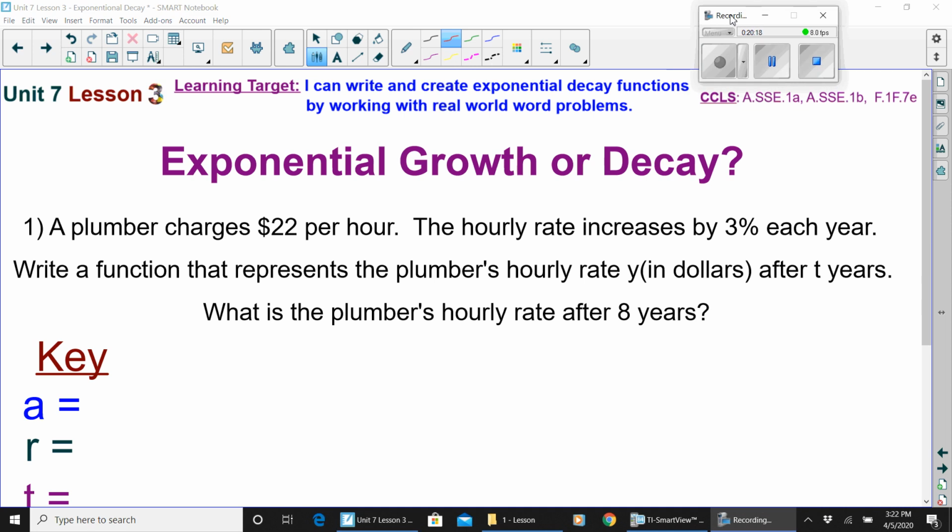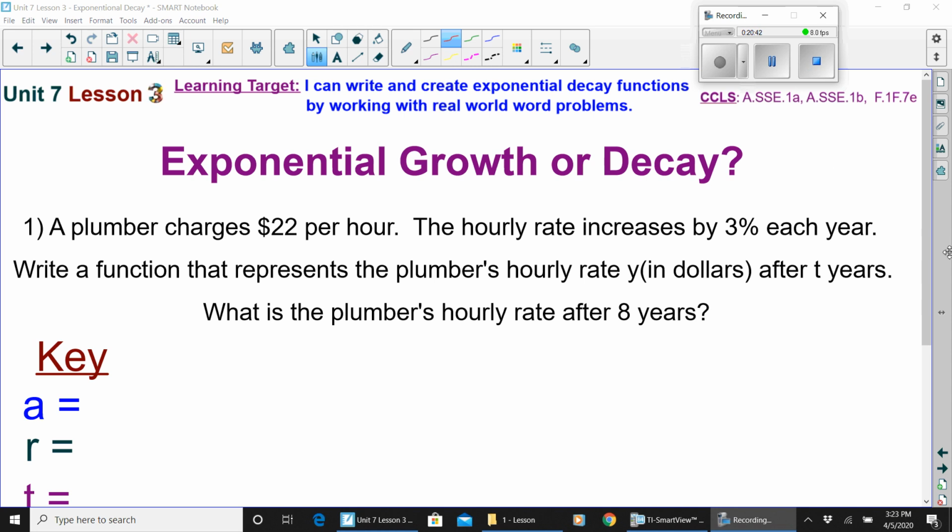All right, next problem. A plumber charges $22 per hour. The hourly rate increases by 3% each year. Write a function that represents the plumber's hourly rate in y dollars after x years. What's the plumber's hourly rate after 8 years? Go ahead and fill out the key.